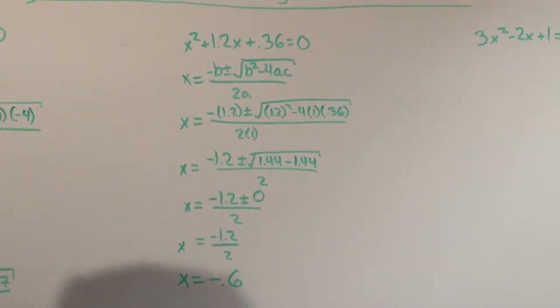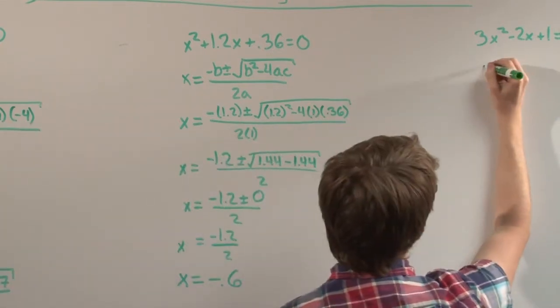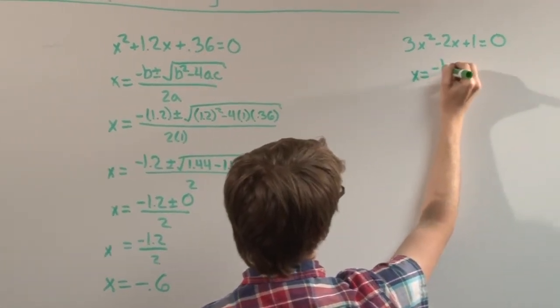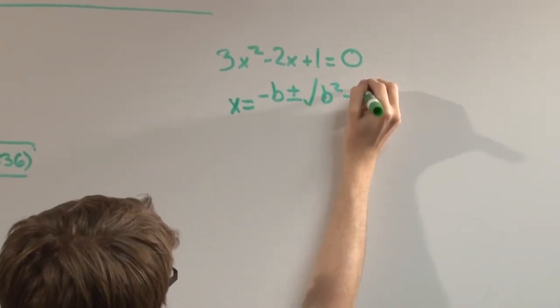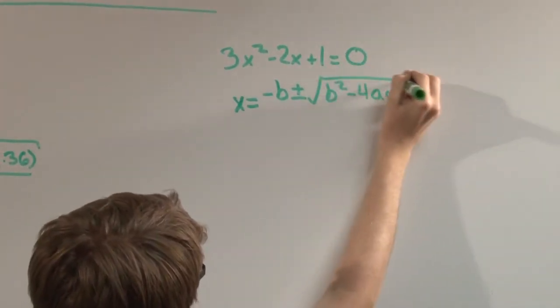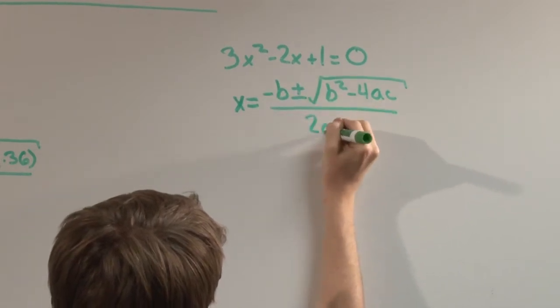All right, and one last example. X equals negative b plus or minus the square root of b squared minus 4ac all over 2a.